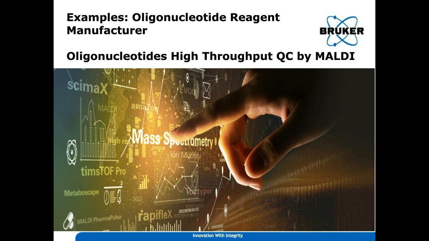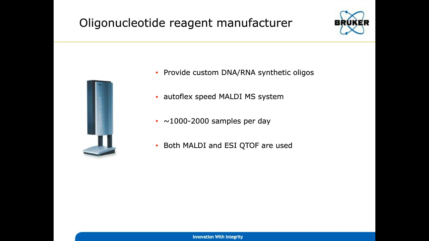Next, let's look at a major oligonucleotide reagent manufacturer. They use MALDI for their high throughput quality control. This company provides custom DNA and RNA synthetic oligonucleotides.